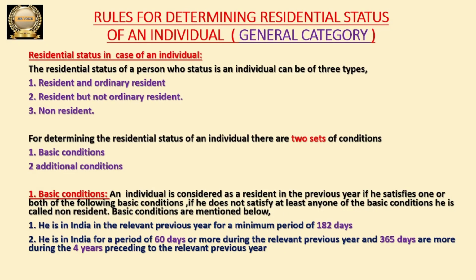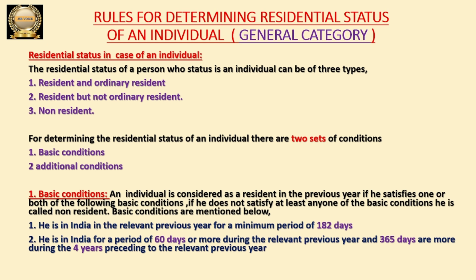Here, if we want to determine the residential status of an individual, there are some set of rules in the Indian Income Tax Act 1961. Before going into that, we have to determine individuals under general category as well as special category. General category individuals' rules are different and special category rules are different. Some changes are there under special category.